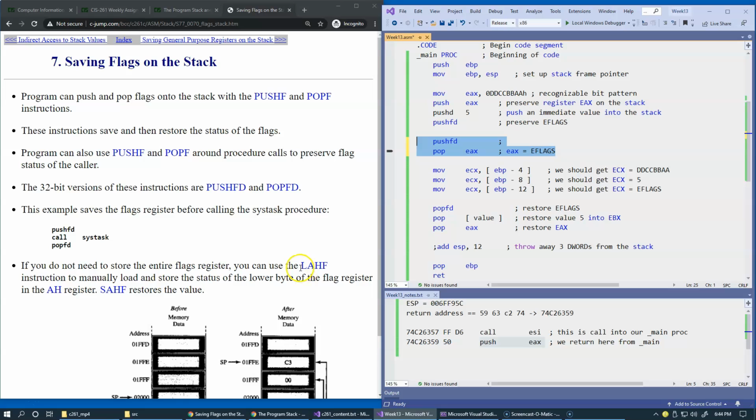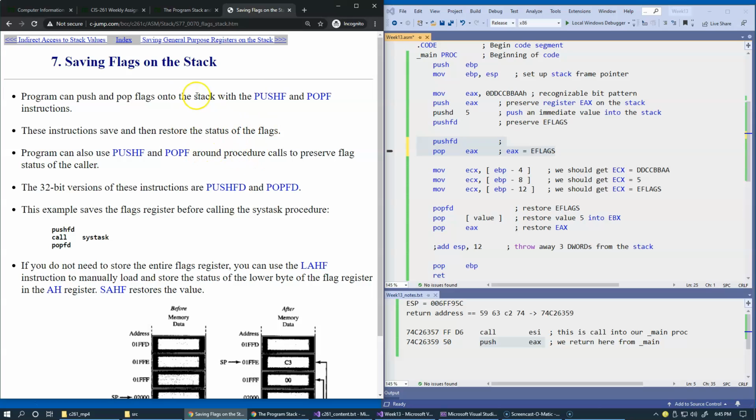And there is also load AHF, LAHF, and store AHF, which will load and save the lowest half, actually the lowest 8 bits of the flag register, and load them into register AH. But we've talked about these instructions when we were talking about moving things between memory and the stack.